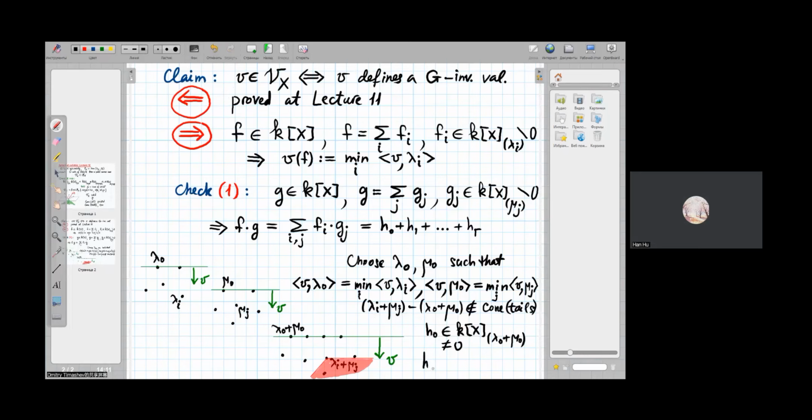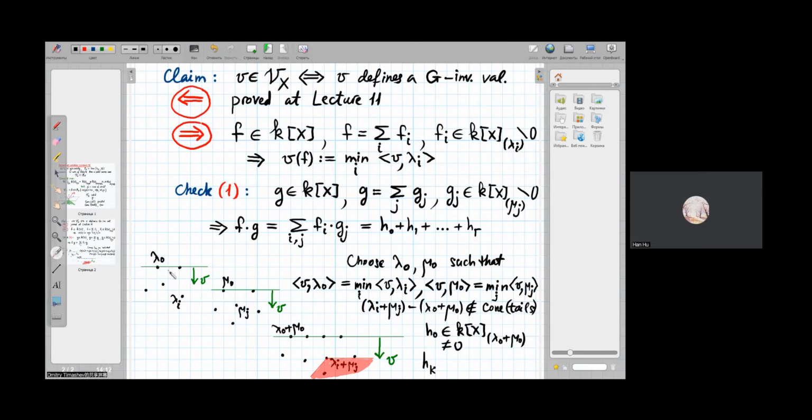Excuse me. Yes. How is the proof that h naught is non-zero? Because when you take, let's look here, when you take f naught, f naught sits in k of x sub lambda naught, right? In this irreducible submodule corresponding to lambda naught. When you take f naught and multiply it with g naught, you get a product, f naught times g naught.